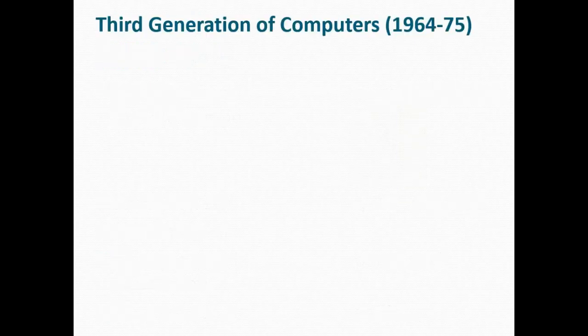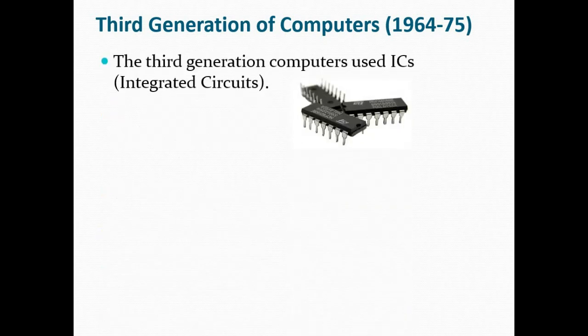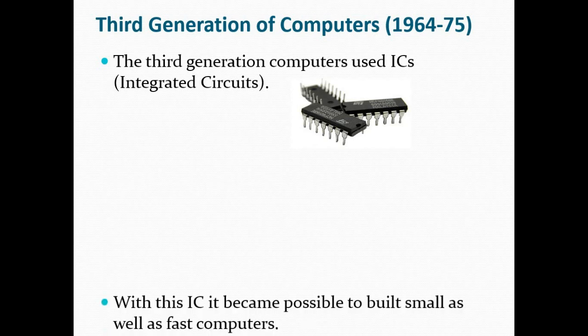So coming to the third generation of computers, 1964 to 75, here instead of transistors, they used ICs. So what is an IC? It is nothing but an integrated circuit. Here, 12 to 13 transistors were built on a small semiconductor material. So that is called an IC. So third generation computers are built using ICs.